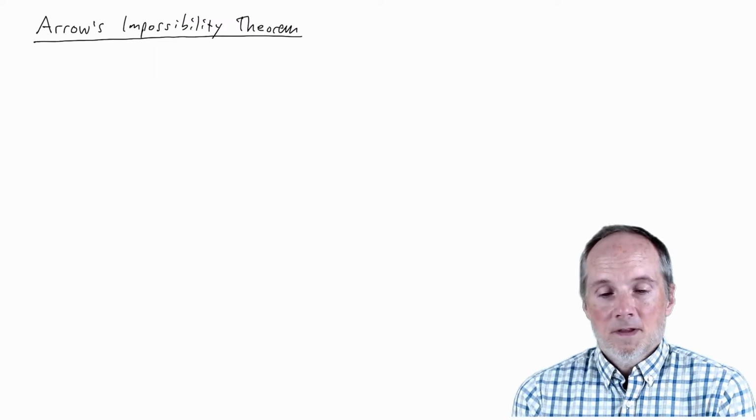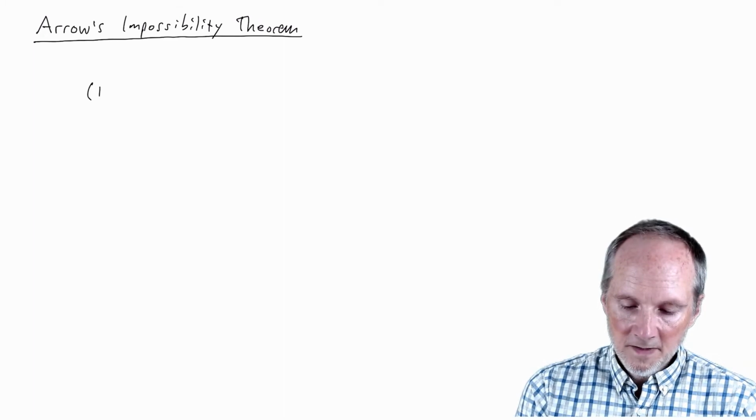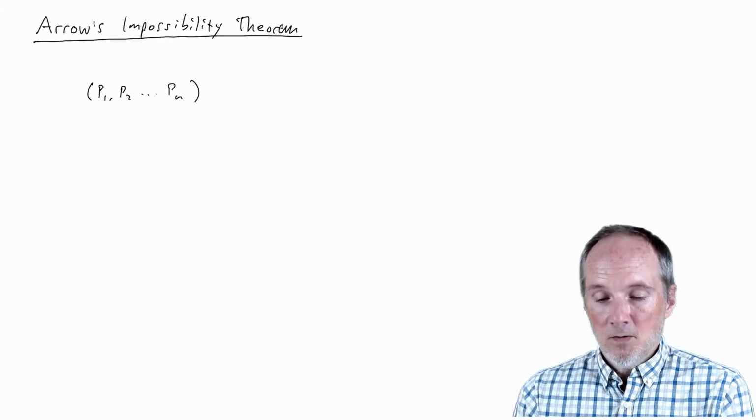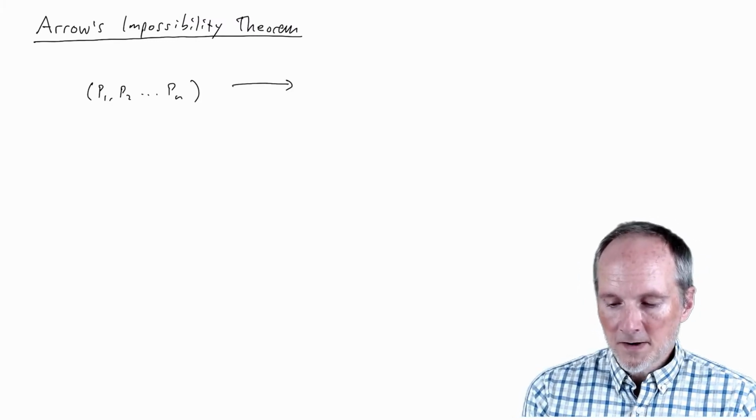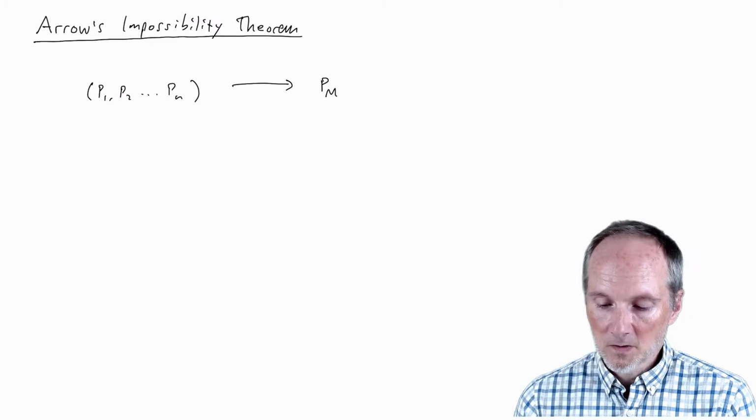As a first step, think about majority voting. What did we do? We said, well, given any preference profile, here is a rule for calculating this majority preference binary relation.